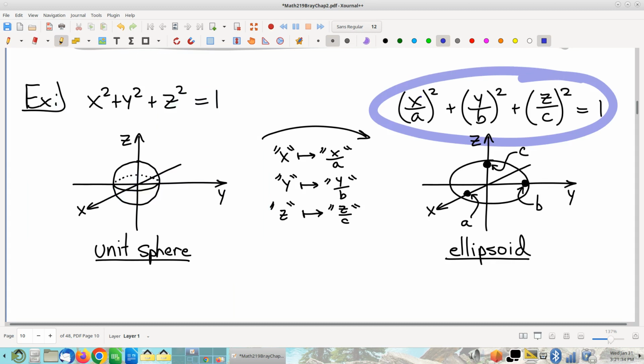Now I want to emphasize, presumably we don't come into this question already knowing what this looks like. It's not rotationally symmetric around anything because A, B, and C are presumably different. So X and Y don't appear in that special form exactly, precisely. And again, all that rotational symmetry stuff is very delicate.